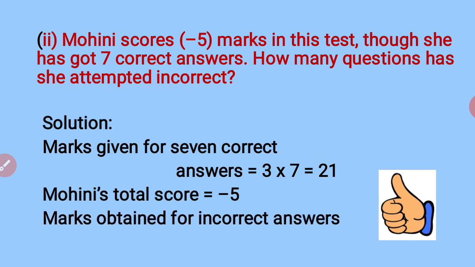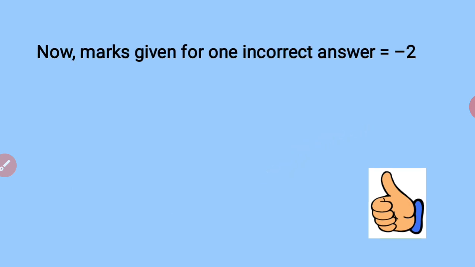The loss would be -5, that is her total score, minus the score that would have been, that is 21. In all, she has lost 26 marks. So we are getting the answer as -26. Minus stands for loss of marks. Now let us find out the number of incorrect questions.